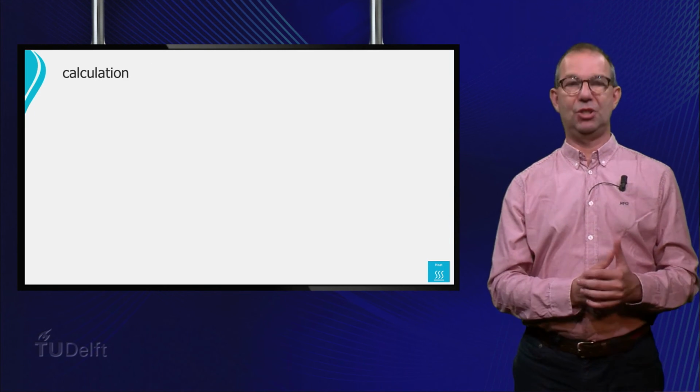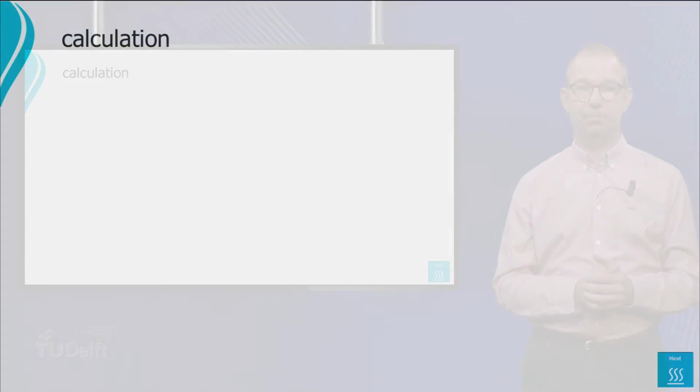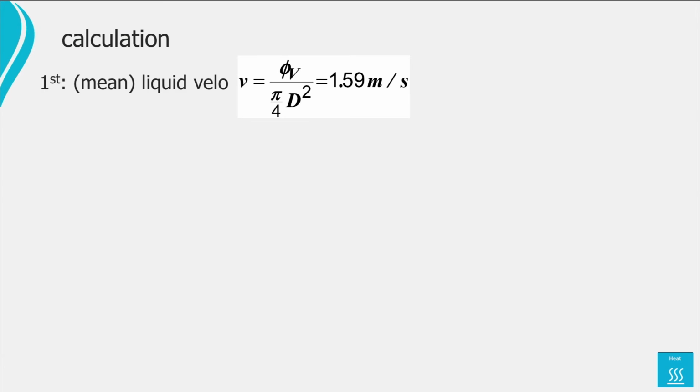Here are the calculation steps. First, we need to have the mean velocity in the pipe. That is obtained from the given volume flow rate. V equals phi sub f over pi over 4 d squared, which gives V is about 1.6 meters a second.